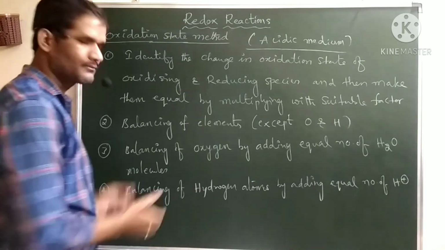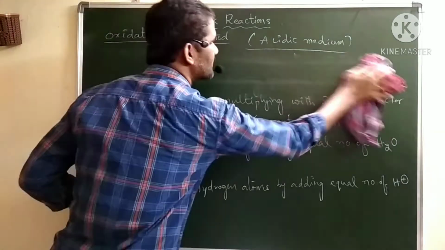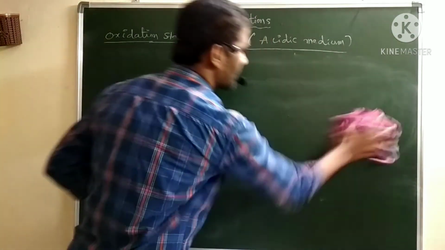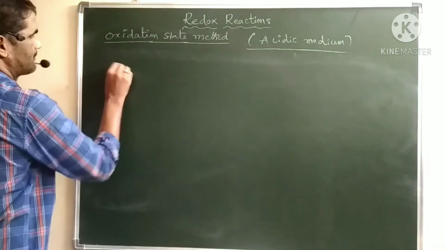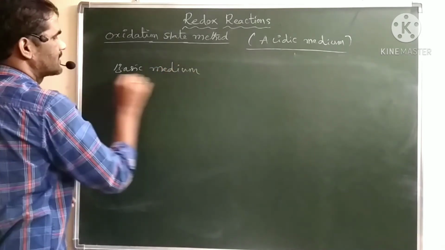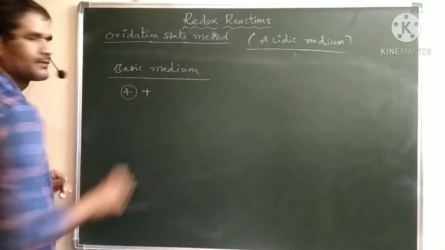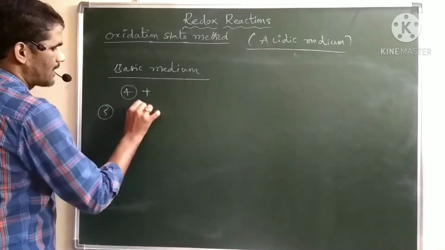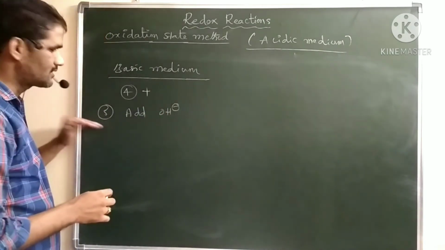If it is a basic medium, along with these 4 steps we have to add one extra step to the acidic medium rules. So first 4 steps we use as they are, plus the extra step, that is the 5th step here: add OH minus after the 4th step.